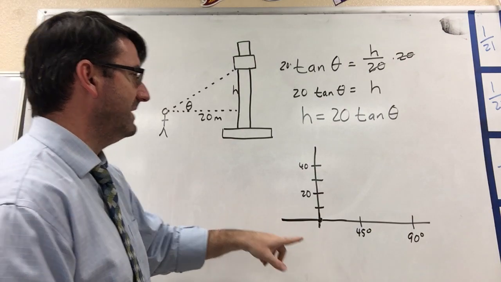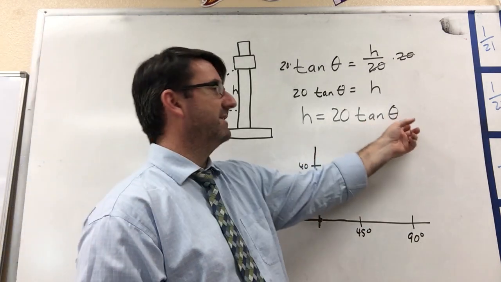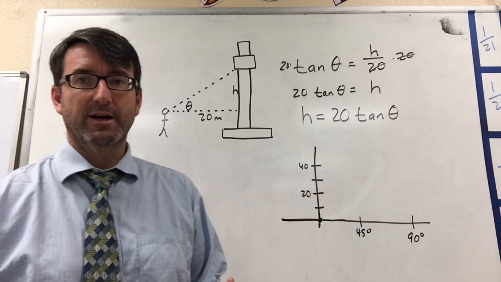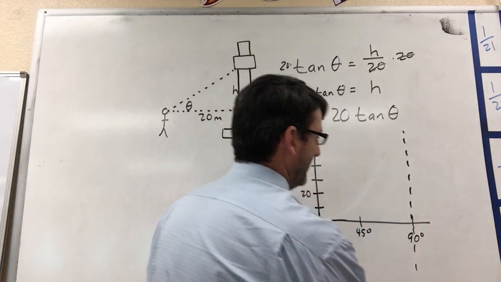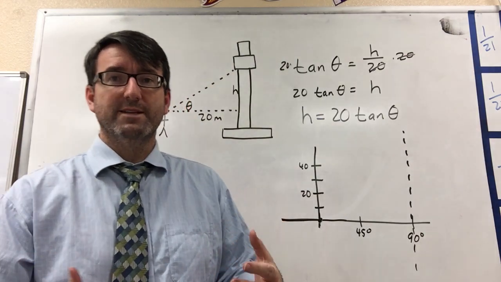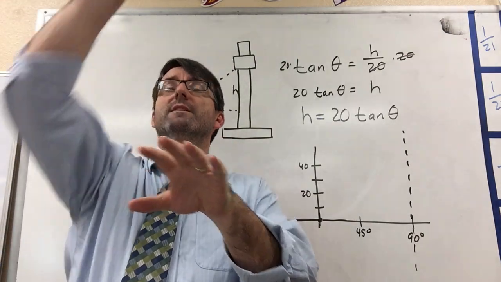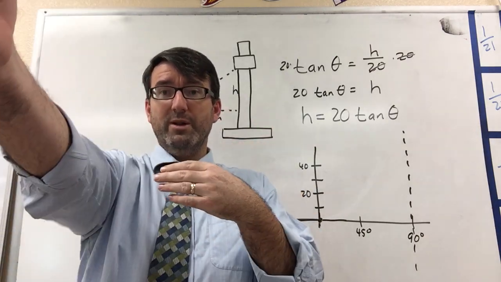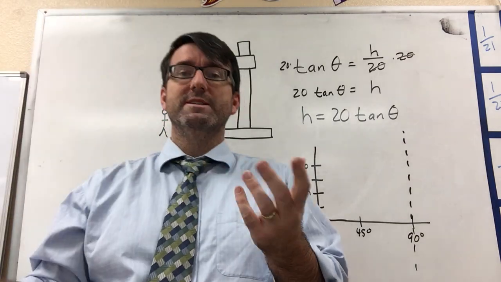And then at 90 degrees, let's think about where it would be at 90 degrees. The tangent of 90 degrees is undefined, which means that this whole thing is undefined. So we're going to have an asymptote at 90 degrees. And that should make sense also because as this guy is watching this go up in the air, there's no way that this ride that's 20 meters away from him is ever going to be directly above his head.